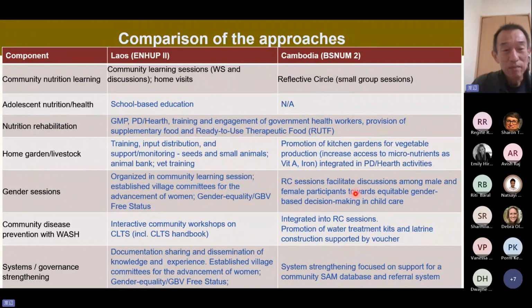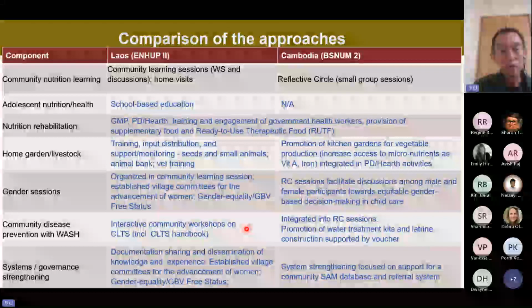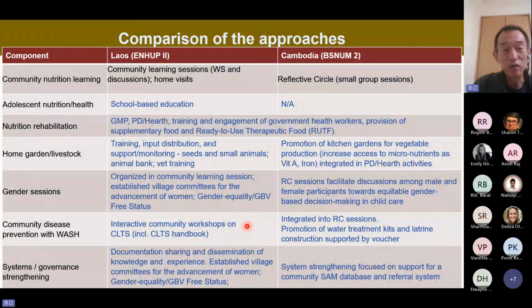In terms of community disease prevention, the two-country programs both included two main subcomponents. One is promotion of practices for prevention and treatment of nutrition-related diseases. The other was promotion of WASH.